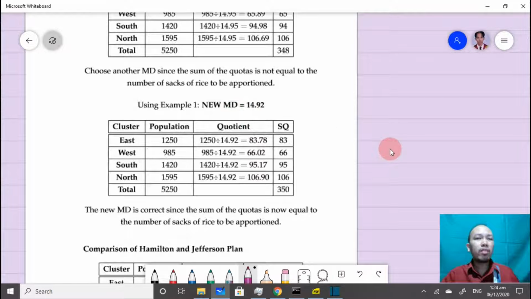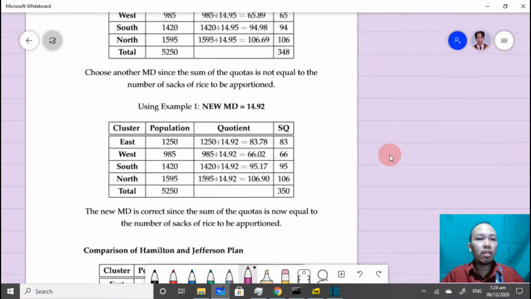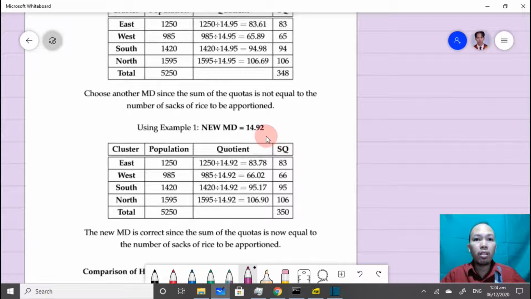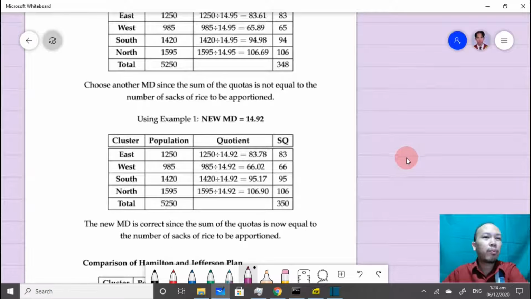Some students are lucky enough that they can choose the modified standard divisor only once. But it should be lower than the standard divisor. So that's the Jefferson plan.